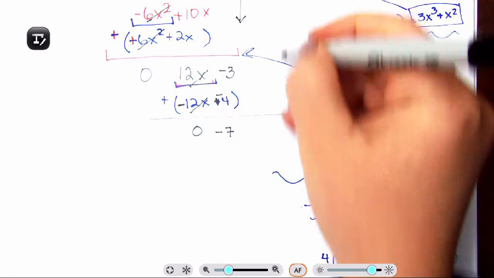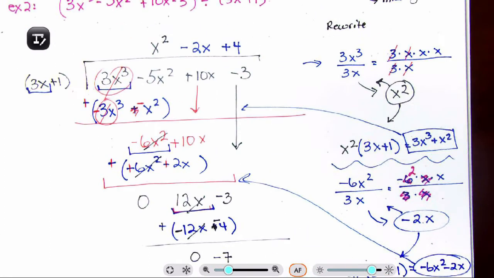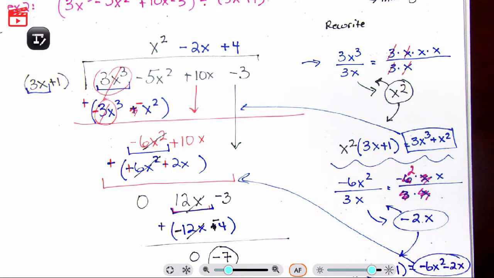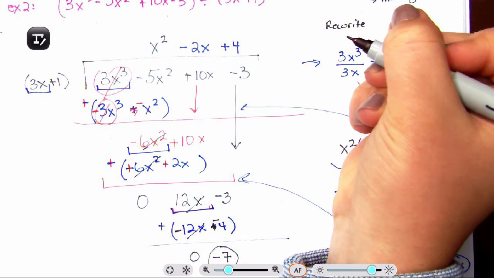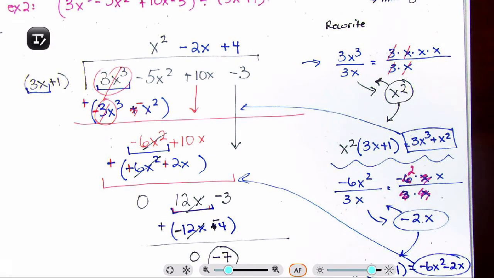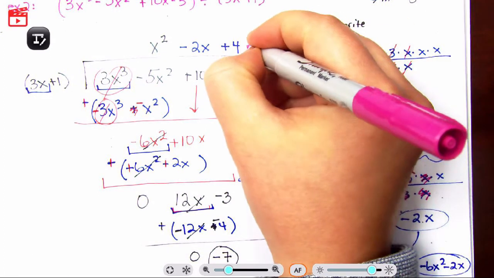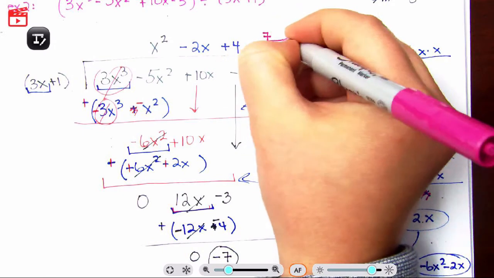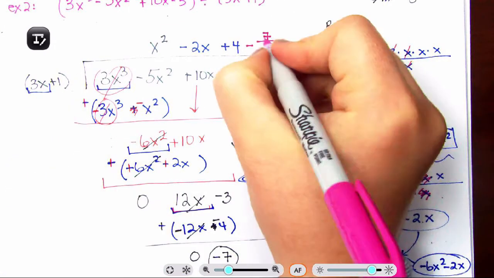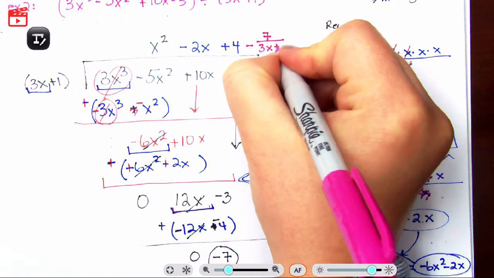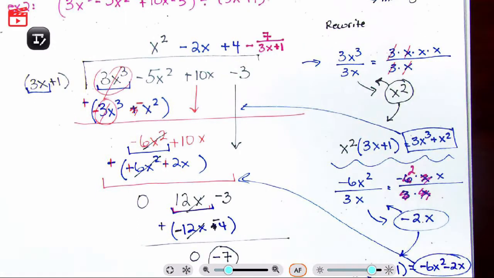So that means I have a negative 7. Now notice there's no more terms for us to bring down. So you're going to write this like this. You're going to have a remainder. But this is how you're going to write your remainder. Your remainder is written in the form of taking this number, which is a minus 7, and underneath it, you're going to write whatever you're dividing by. So 3x plus 1, just like you would back in grade school.